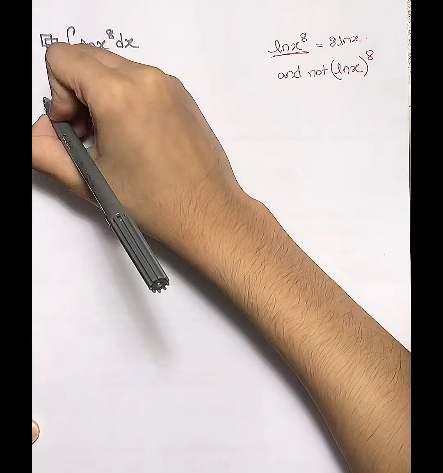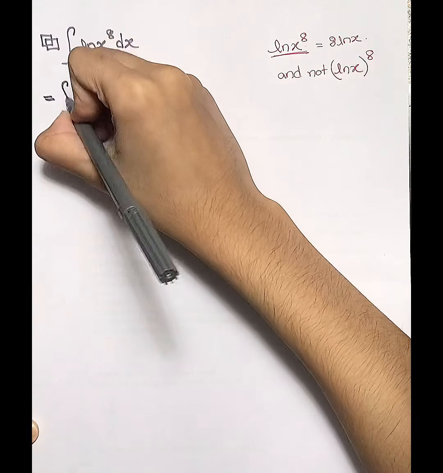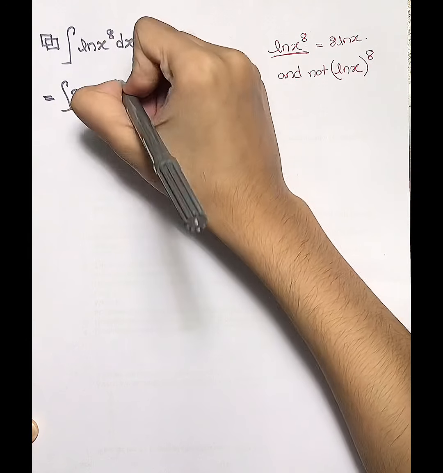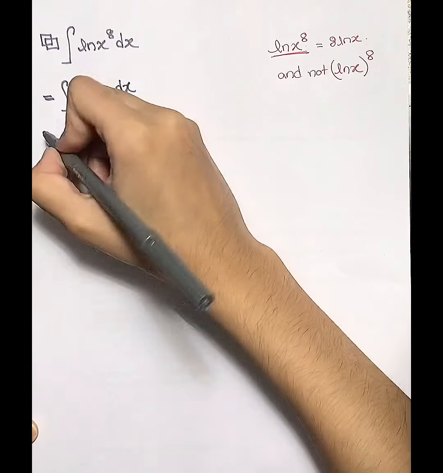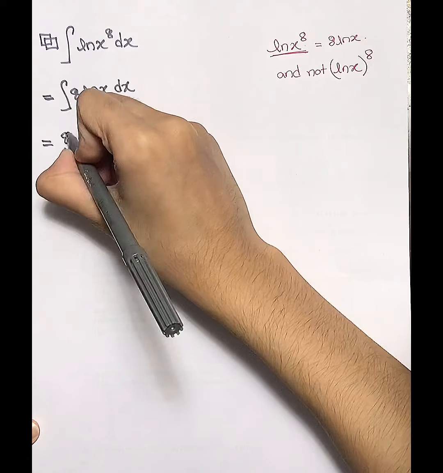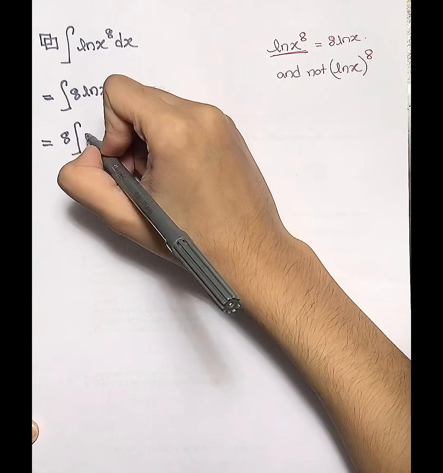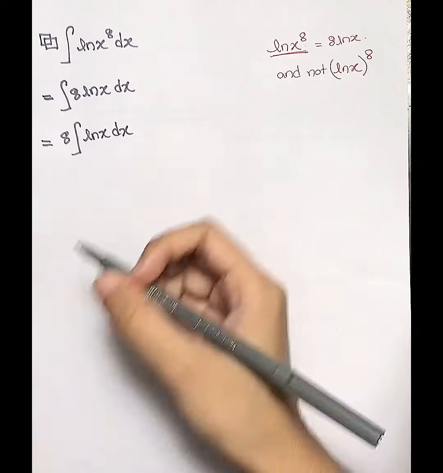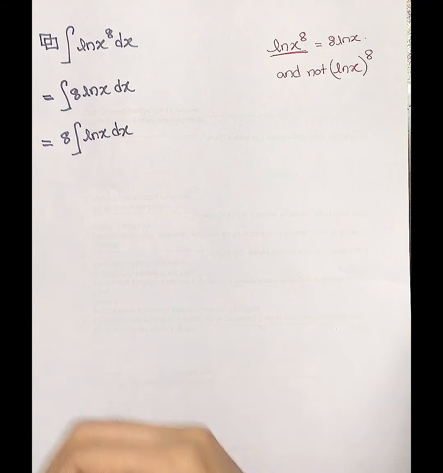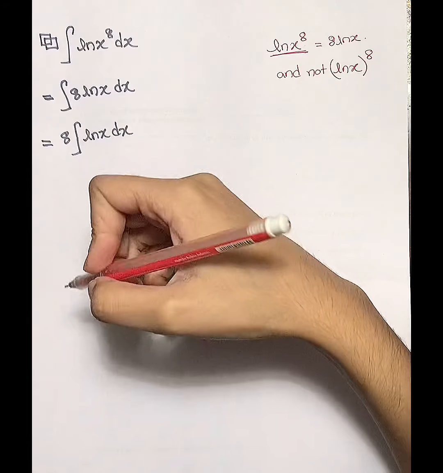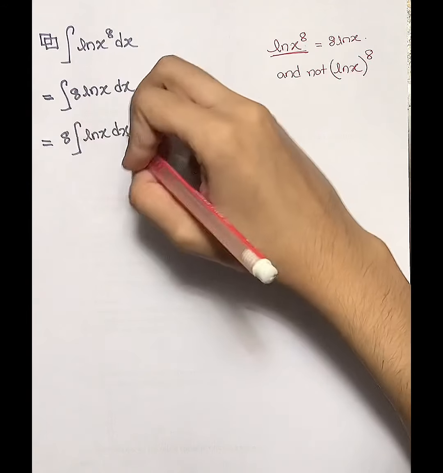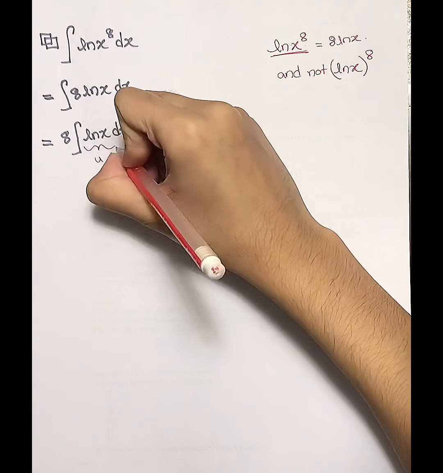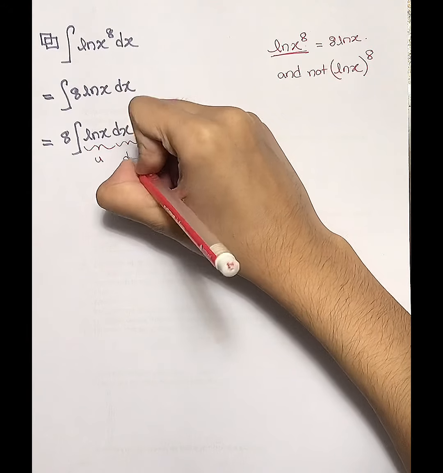Now if I rewrite this, I will have integration of 8 ln x dx, and from this I can take out the 8 and I will have integration of ln x dx. This becomes exactly like the last part of our previous problem. Here I will consider my ln x to be u and my dx to be dv.